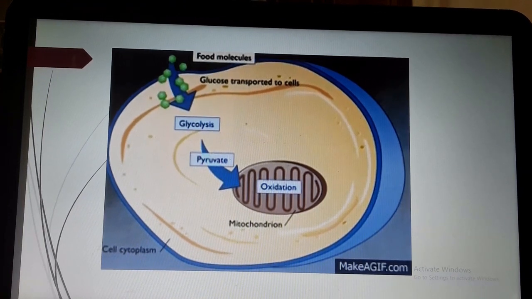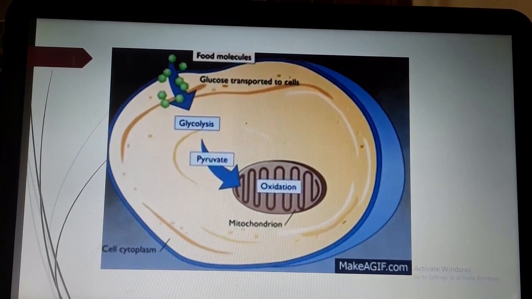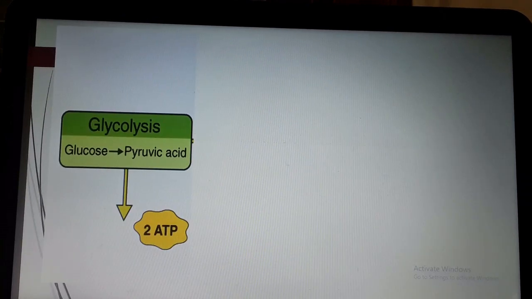After glycolysis, the pyruvate formed is changed to the next product through oxidation within the mitochondrial membrane. So in summarized form, glycolysis, glucose to pyruvic acid, gains 2 ATP, a less amount of energy.